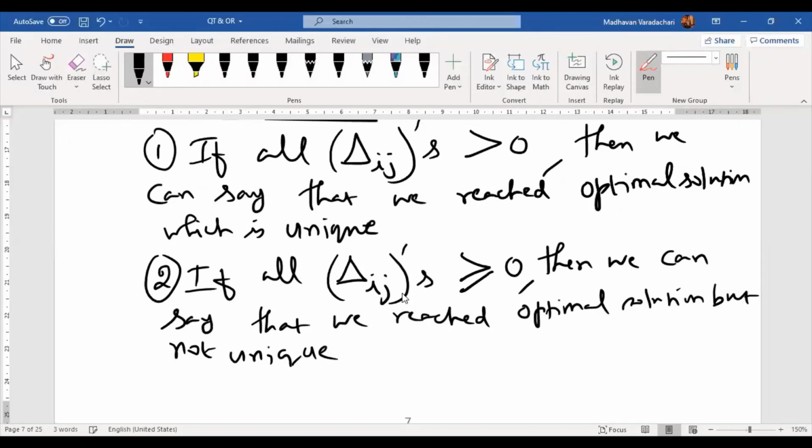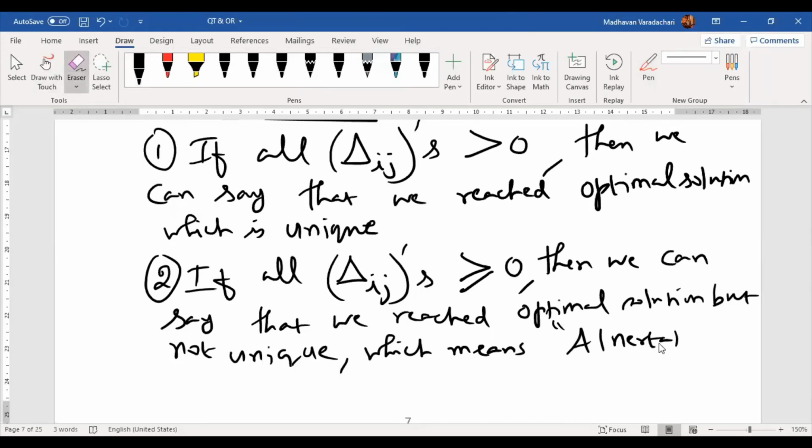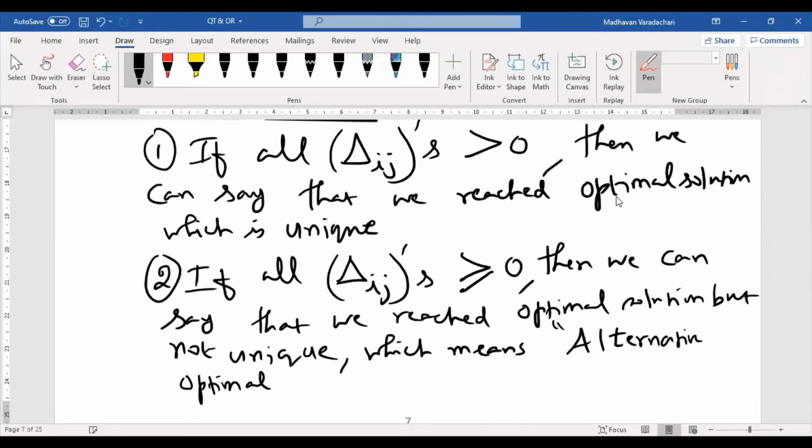It has more than one solution, which means alternative optimal solutions are possible.